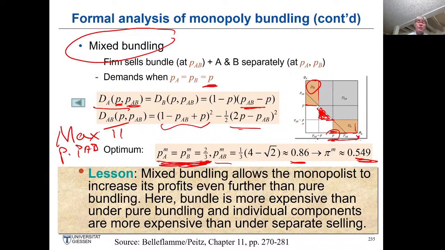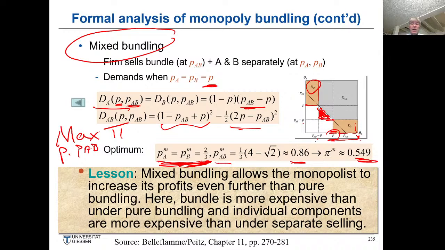However, the increase in profit is comparatively low compared to the case of pure bundling. So mixed bundling allows the monopolist to increase its profit even further than separate selling. Here the bundle is more expensive than under pure bundling, and individual components are more expensive than under separate selling, more expensive than the monopoly price. That's rather interesting. In terms of welfare, it's clear that consumer surplus is higher under pure bundling because the price is in a sense lowest.